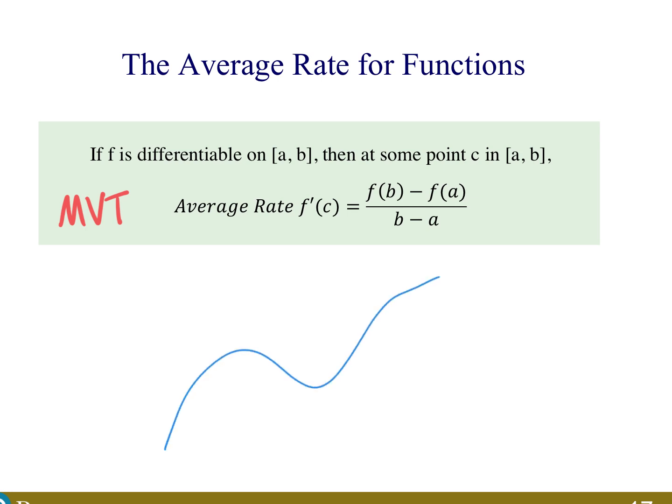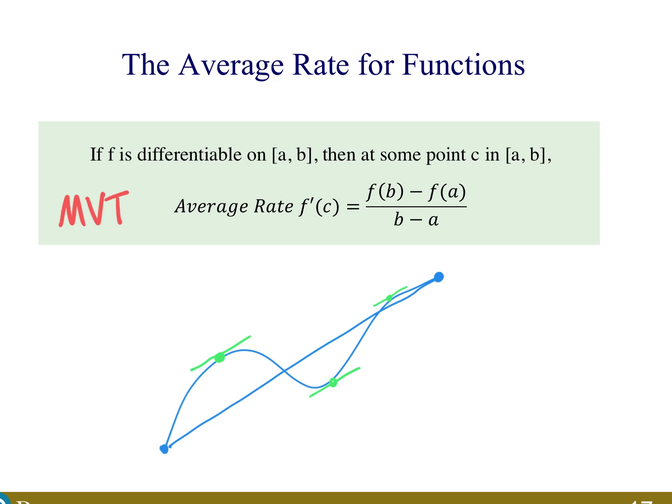You had some function, and if you took the end point and connected it to the other end point and found the slope, then at least somewhere else there was another point, and maybe more, that had the same slope. So maybe visually you'd say, it's happening right there, but maybe I see it again right here, and then possibly right here. That's the average value for derivatives. I want you to see visually how that happens.